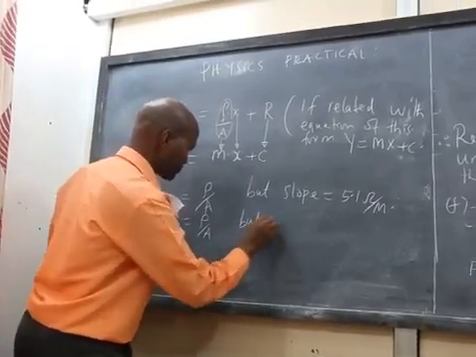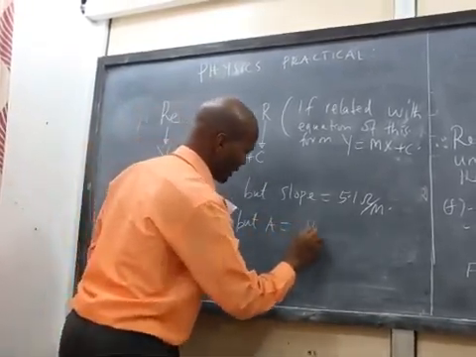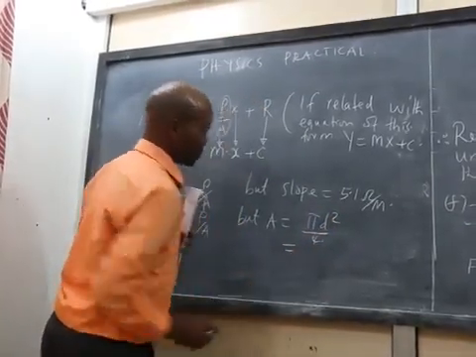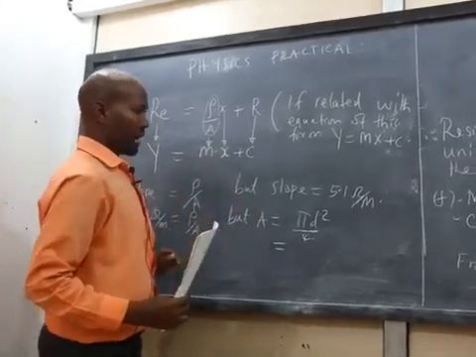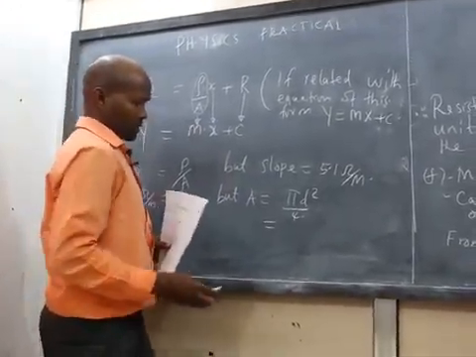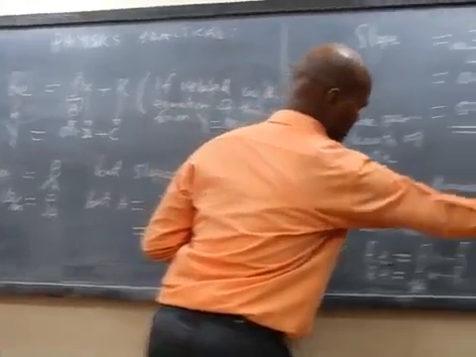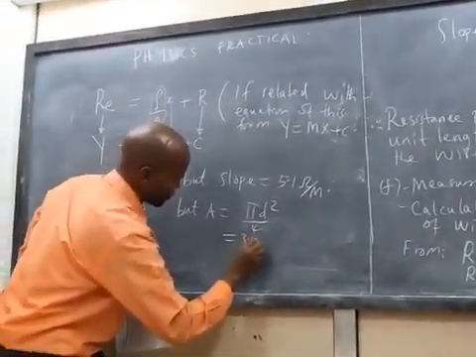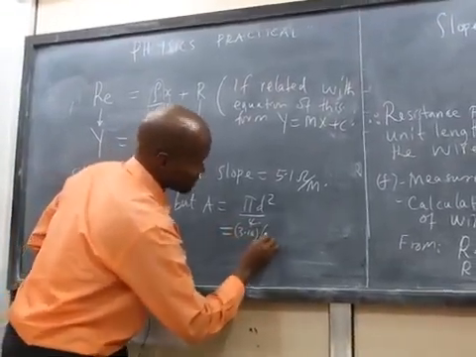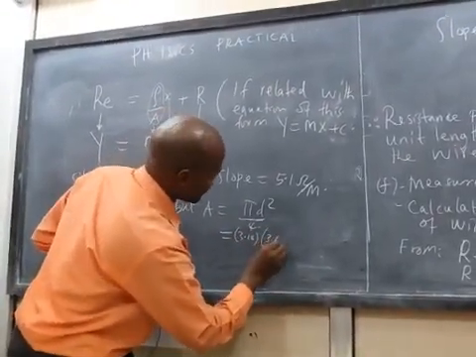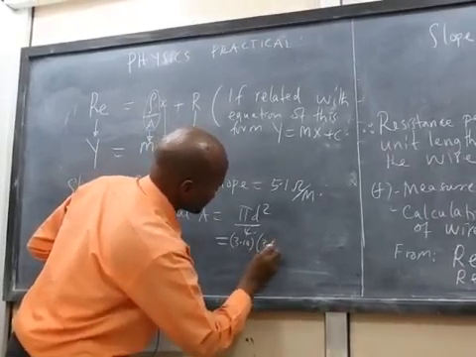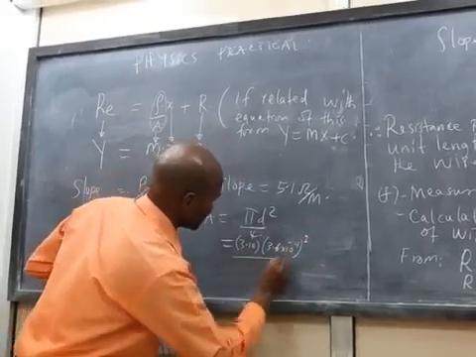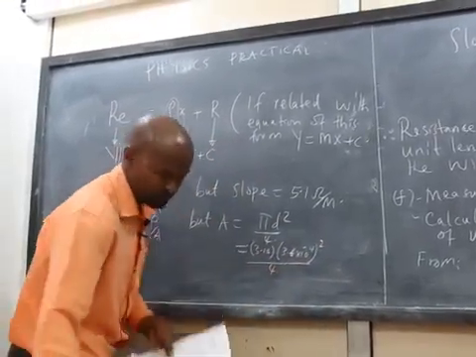But area is equal to pi d squared over 4. You have the diameter there, so if you insert here, you get 3.14 times 3.6 times 10 power minus 4, squared, divided by 4.